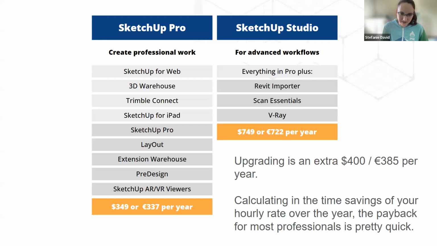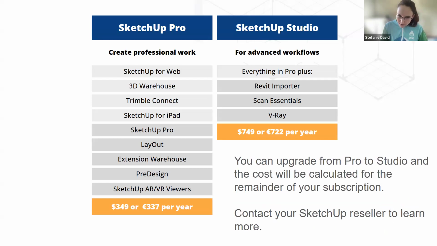Upgrading is an extra $400 or 385 euros per year. If you actually calculate this on the time savings of your hourly rate over the year, we find that the payback that most of our professional clients have is pretty quick with just the time savings that you get. And then on the next slide, if you already have Pro and you upgrade, we are able to prorate your subscription for the remainder of the time that you have.